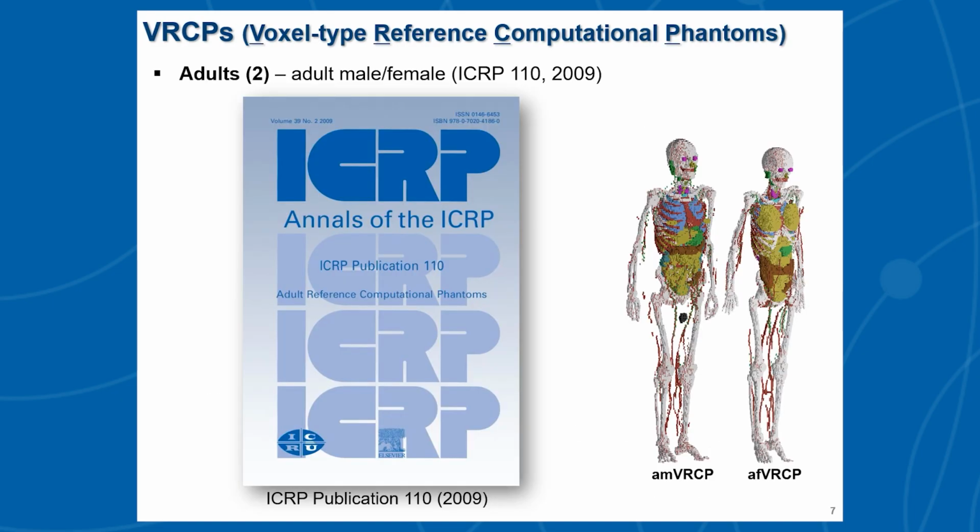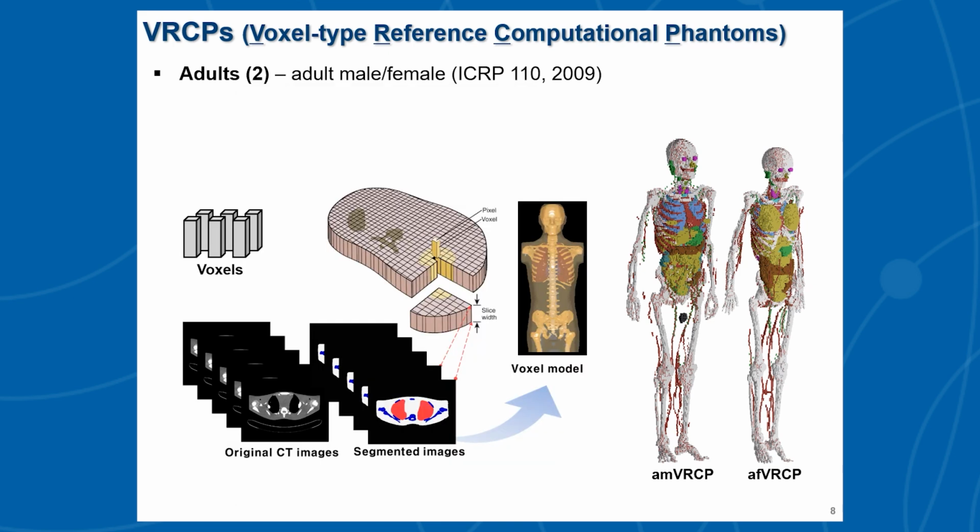This slide shows the adult male and female reference computational phantoms adopted following the current ICRP recommendations. The adult reference phantoms were released by ICRP Publication 110 in 2009. These reference phantoms are voxel models constructed from the CT images of real patients.